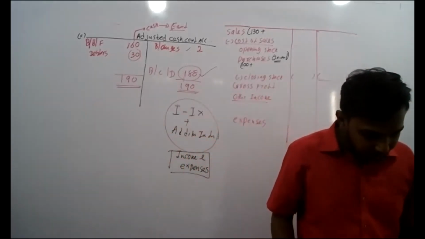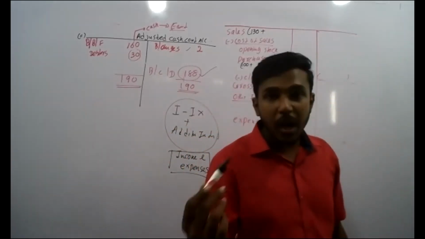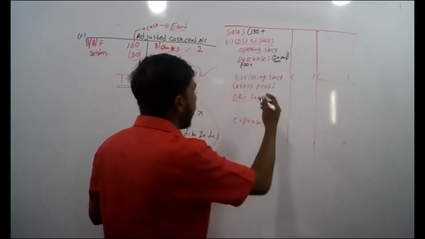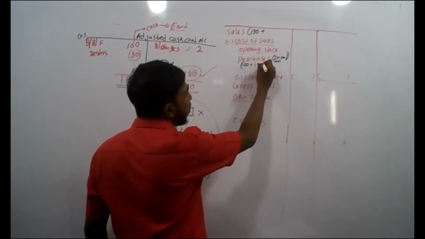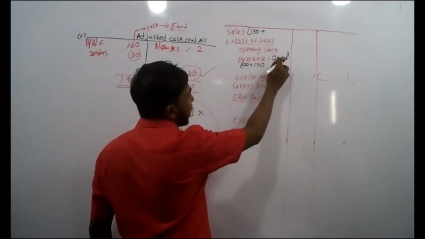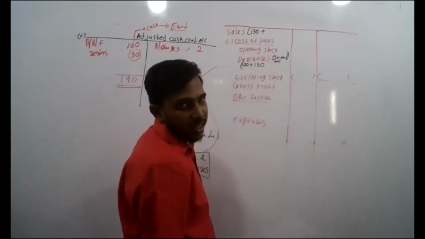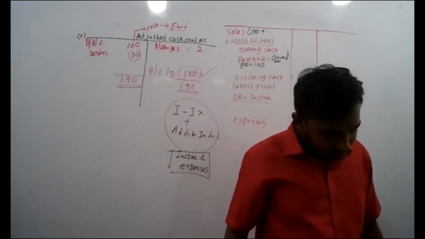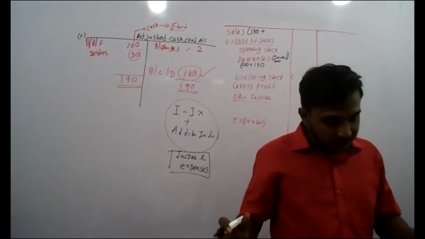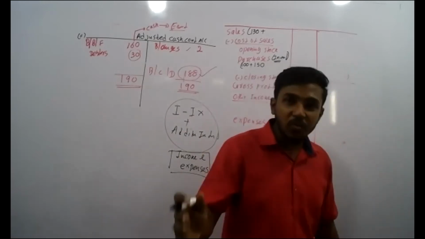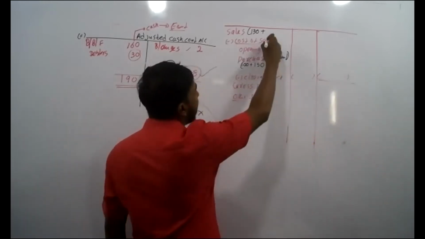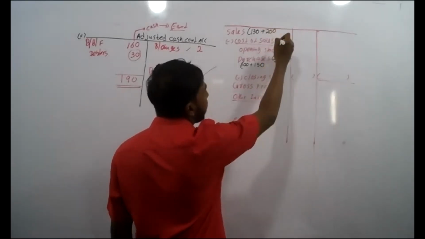Then purchase goods 150,000 on credit. We don't mind whether it's cash or credit. If it is inventory purchases, you take it to purchases. What else? Goods costing 140,000 were sold for 200,000 on credit. Again, sales 200.